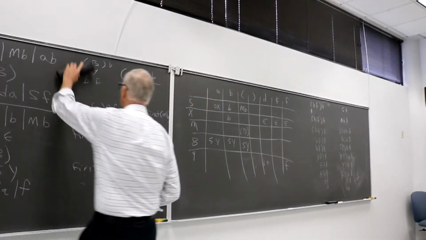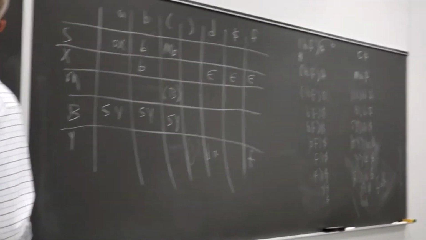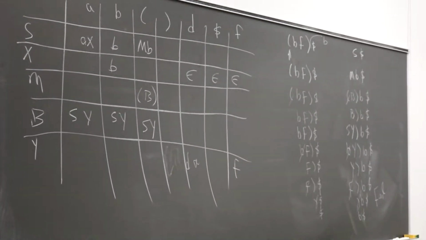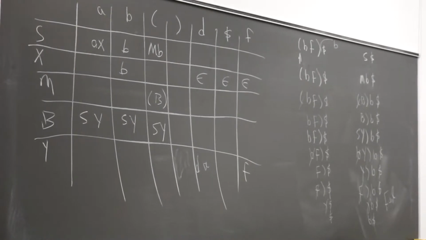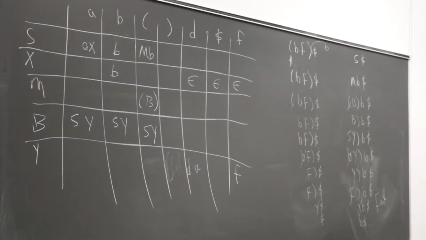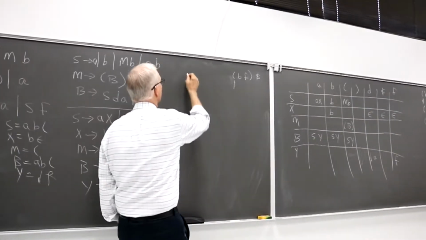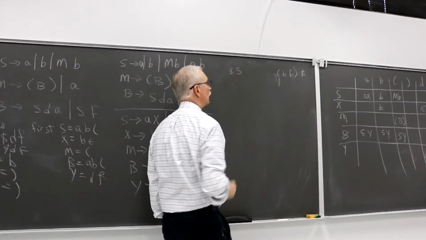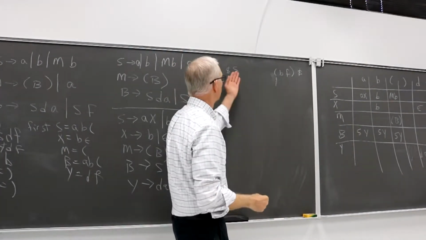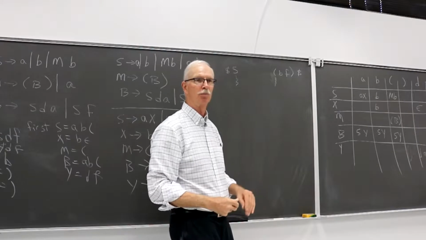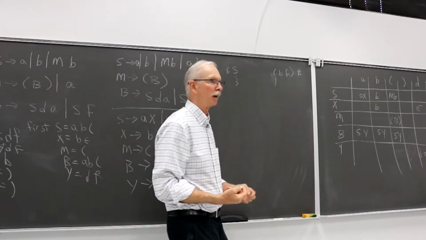I could draw it so that I had paren B, F, paren dollar as input. That makes some sense because I'm looking at the current token. And then I could write dollar S, and that makes some sense because now this is the top of the stack, and the top of the stack is close to the input character, and that's aesthetically pleasing. We feel good about it.